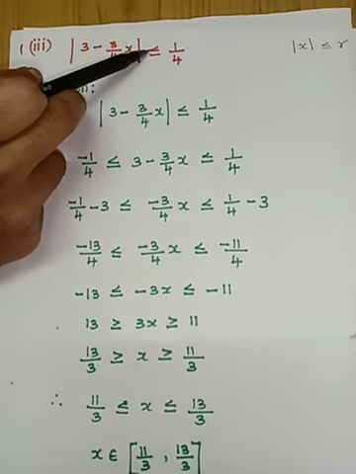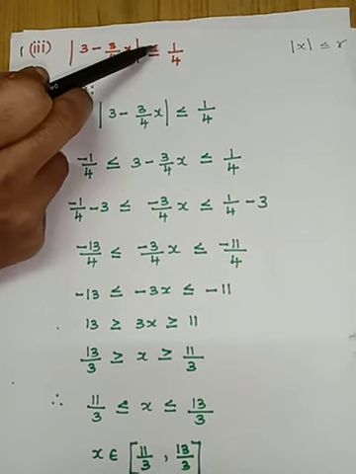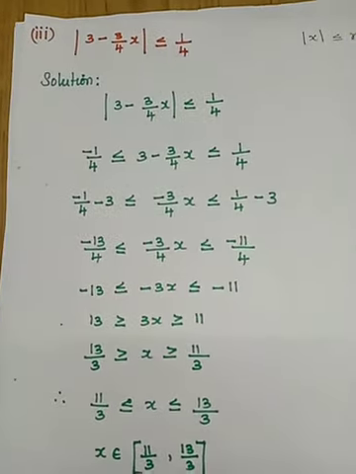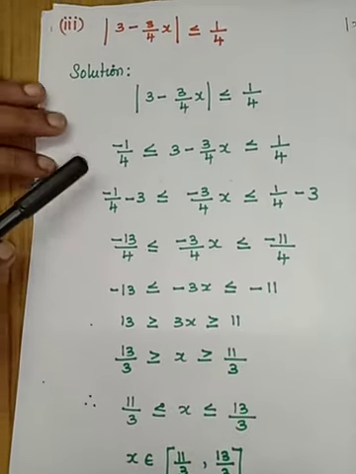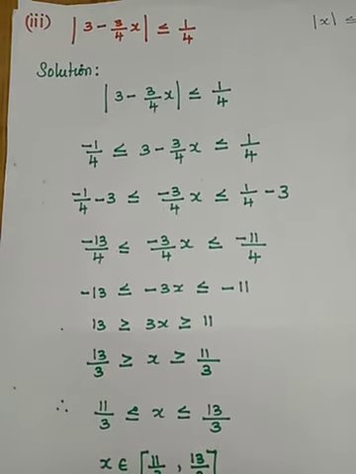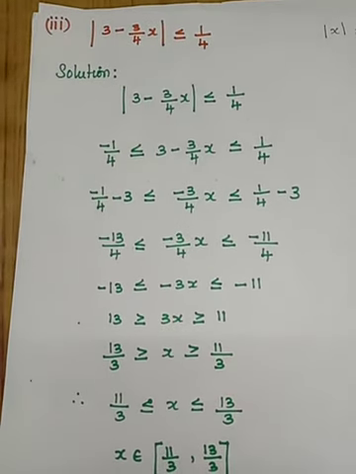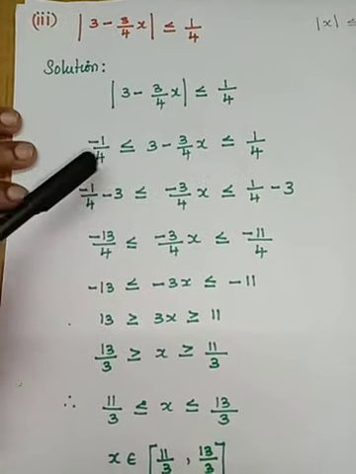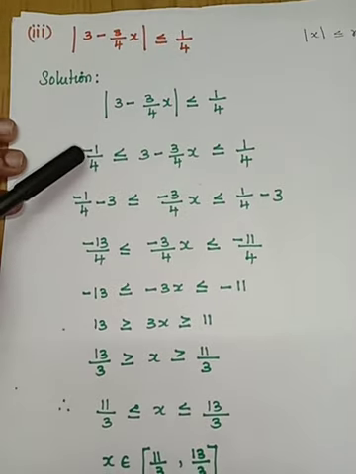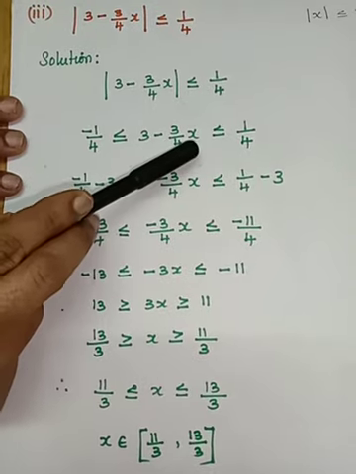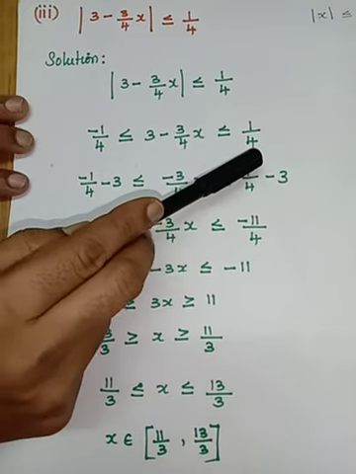Here your symbol is what? Less than. Modulus of x is less than r. If it is so, you have to write the answer. What is it? Minus r less than x less than r. Here the equal to symbol is also there. So you have to write minus 1 by 4 less than or equal to 3 minus 3 by 4x less than or equal to 1 by 4.